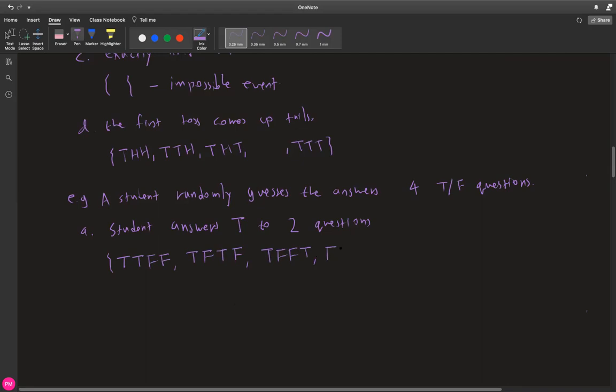And false, true, false, true. And lastly, false, false, true, true. And lastly, we have false, true, true, false. In this case, the order that you put down these events is not important as long as you include everything.